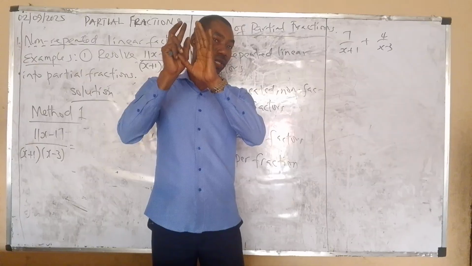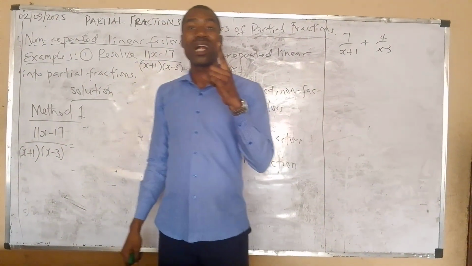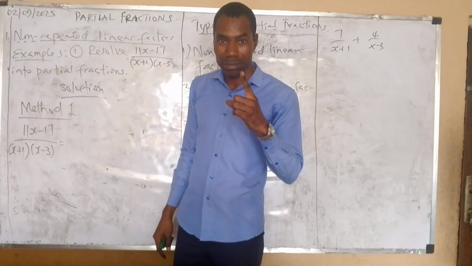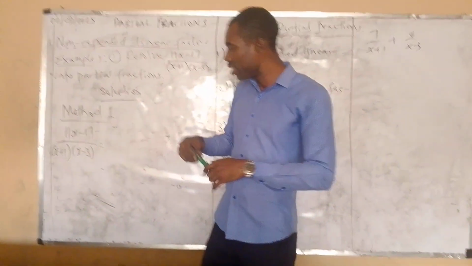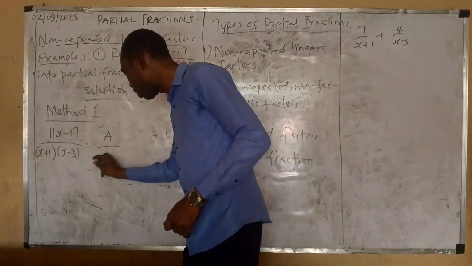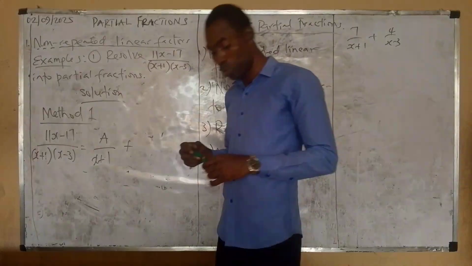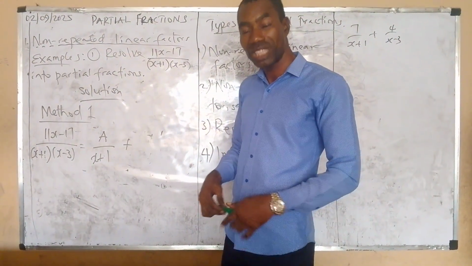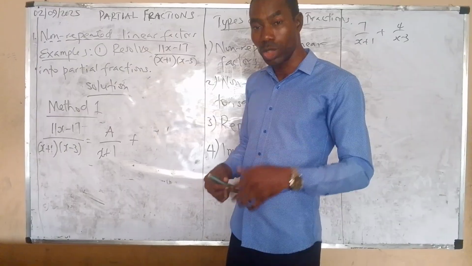Now I want to find the numerator. Since my numerators are not known, I will use alphabets to denote them. So for the first one, I will use capital A. So this will give me A over x plus 1. Then plus, we are summing them up. For the second one, I use capital B to denote the numerator.